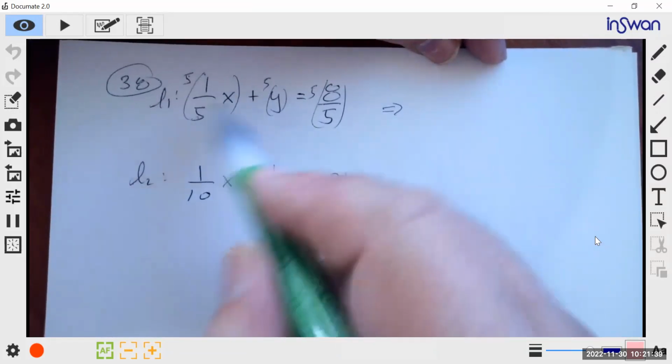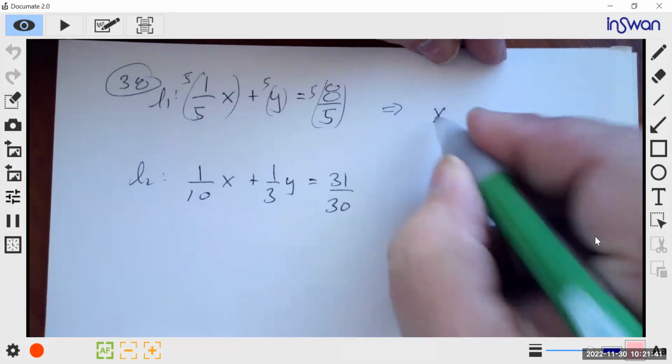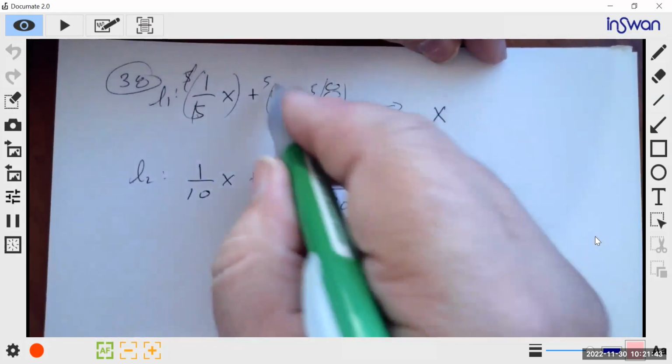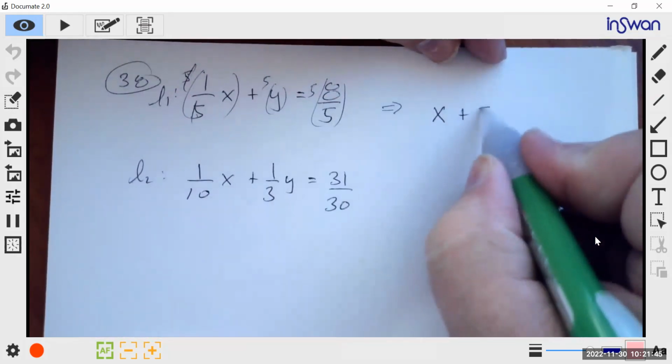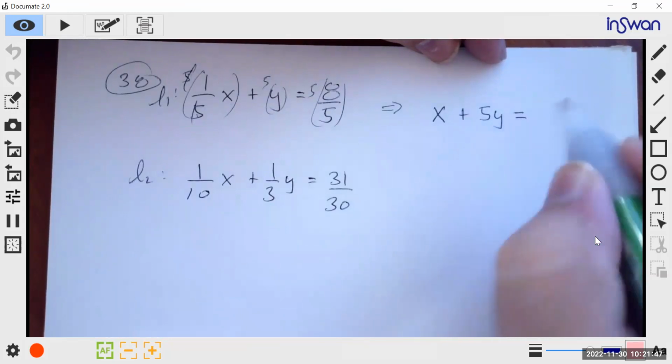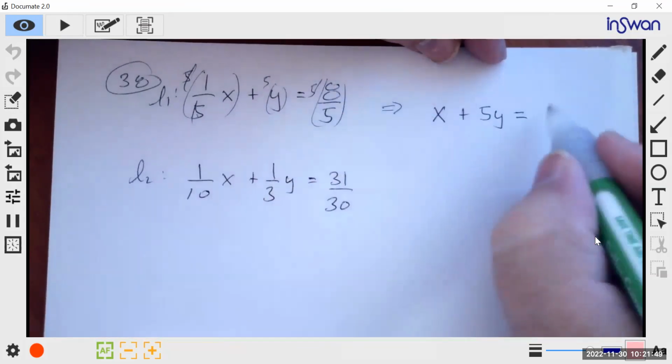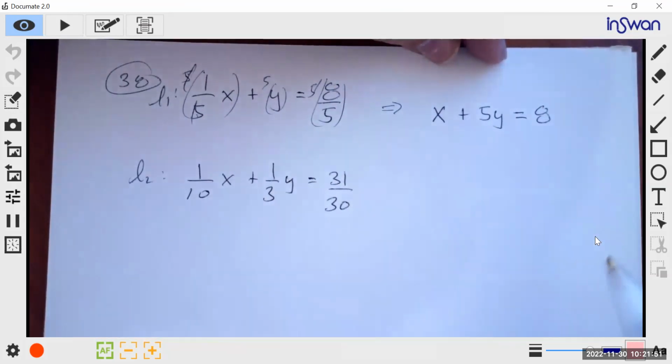The 5's cancel, leaving just x plus 5y equals, the 5's cancel, equals 8. That's the new equation for the first one.